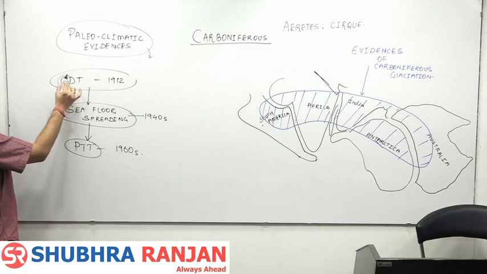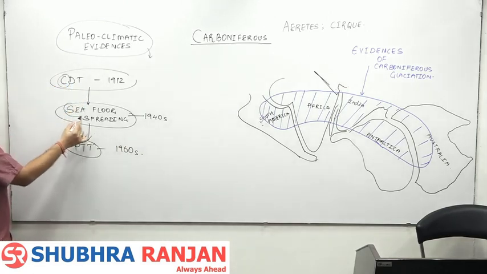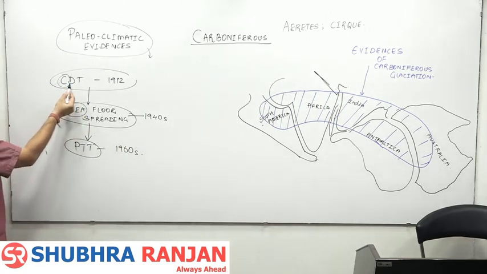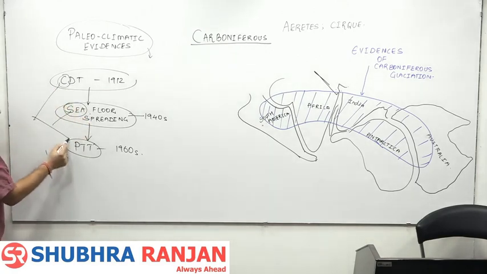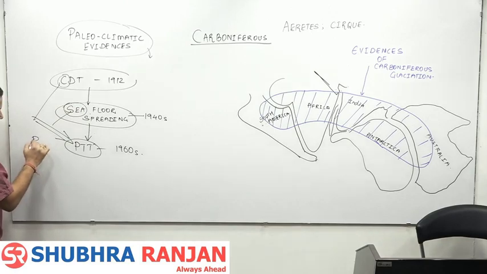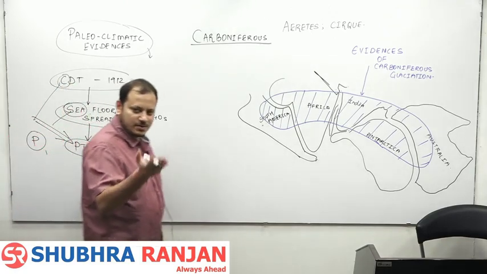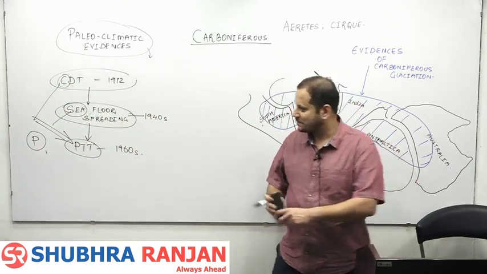So he talks about drifting of the continents, they talk about drifting of the sea. This is movement of the continents, this is movement of the sea. दोनों को combine कर दिया और बन गया plate tectonic theory. Fine, so it is nothing but in that approach only.